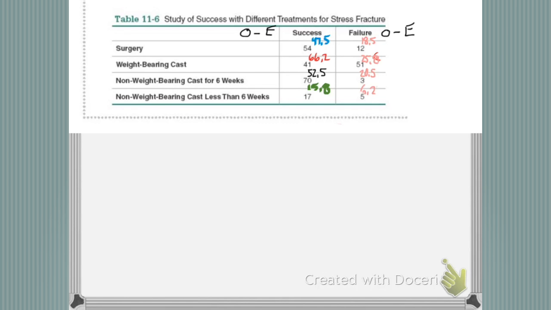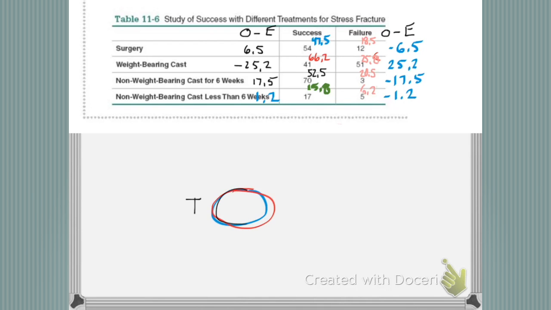Now, we're going to find our observed minus our expected. That's where we take our observed value, the text value, and subtract off our calculated value. That's what's going on here, and we did the difference. We're rebalancing our weights, as Gus would say.